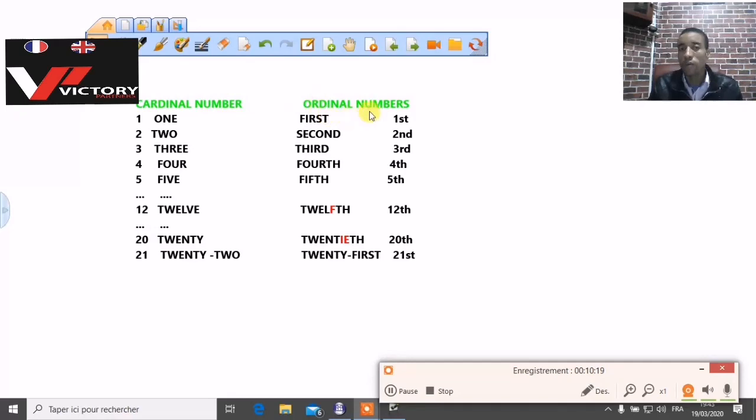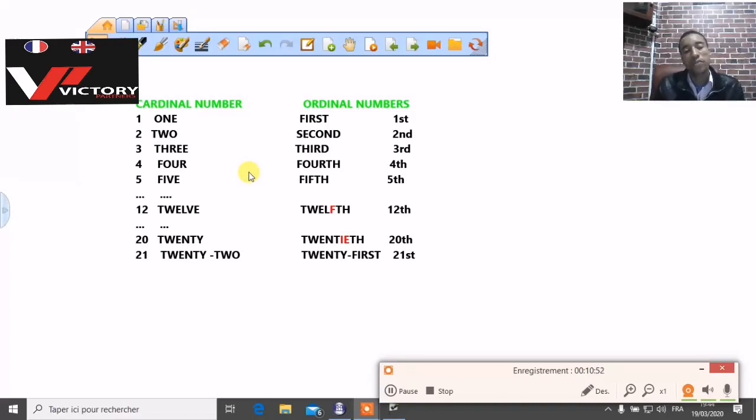And here we have ordinal numbers on the other side. So we have first, and the abbreviation is as follows, as you can see: second, third, fourth, and fifth. Then 12th and 20th, and the last is 21st.